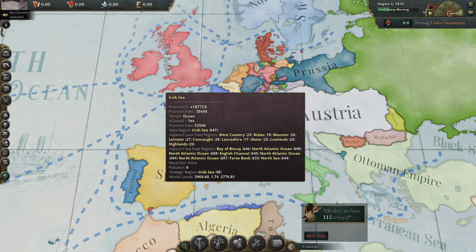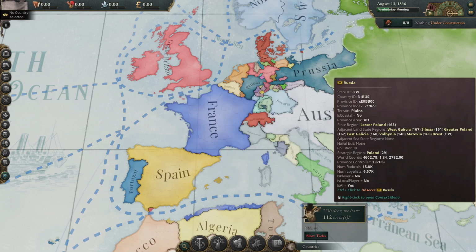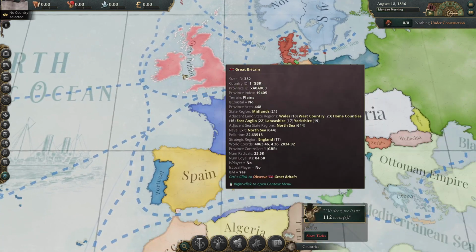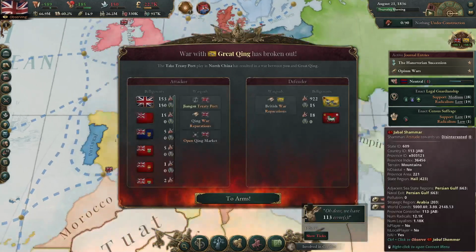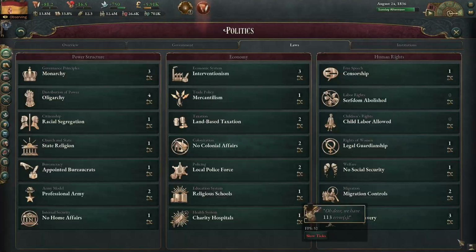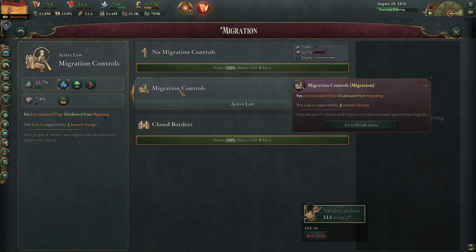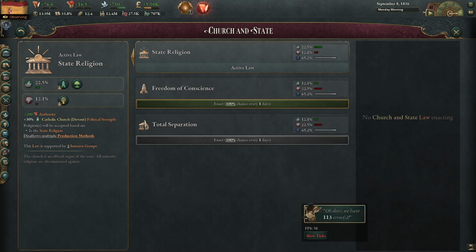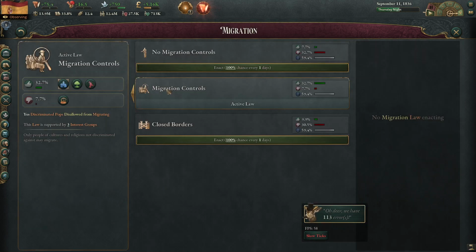All right, I think that's a 7.5 minute on migration. I don't think there's too much else that needs to be said about it. I guess the laws, I could tell you that the laws are a little nonsense. If you have migration controls, you can get around that by just having multiculturalism and total separation, and then there's no migration controls.